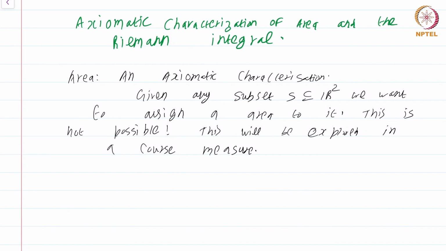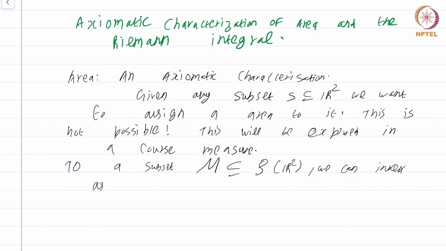So what we can do is, to a subset M, subset of power set of R2, we can indeed assign a reasonable notion of area.